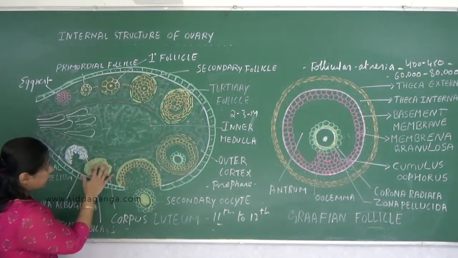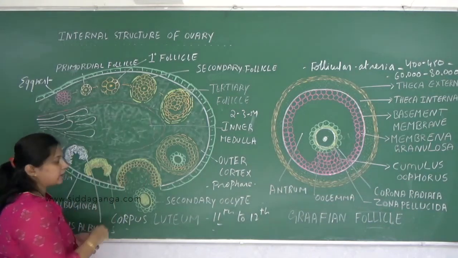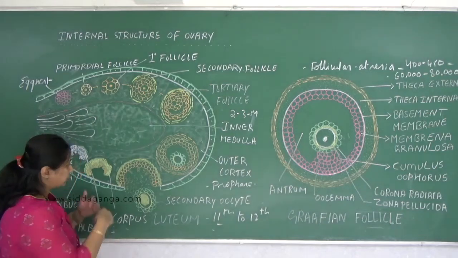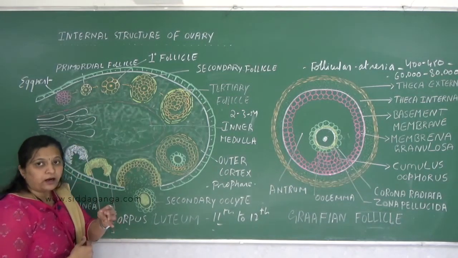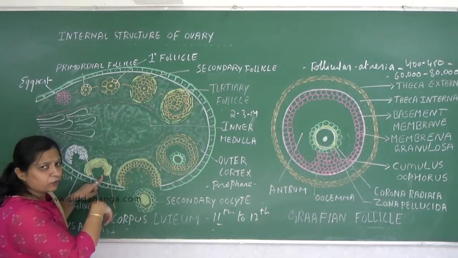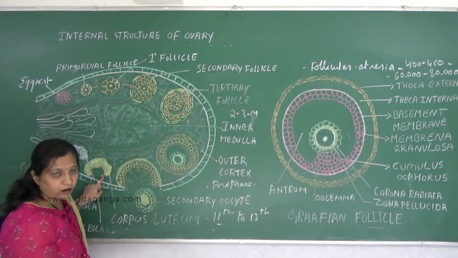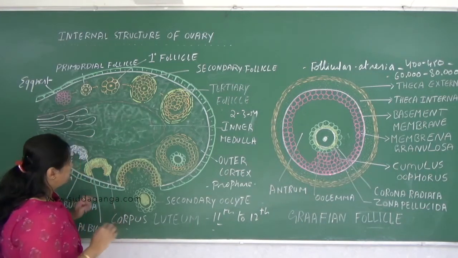Once the corpus luteum forms, it continues to grow for a few days and acts as a temporary endocrine gland. It secretes two hormones, progesterone and estrogen. It secretes a large amount of progesterone and only a small amount of estrogen.